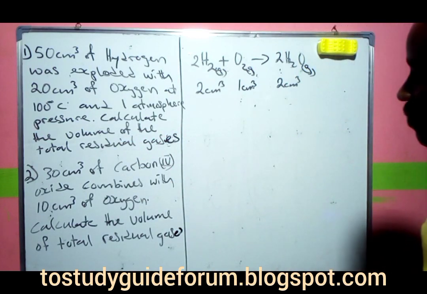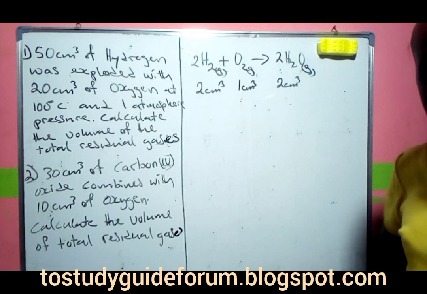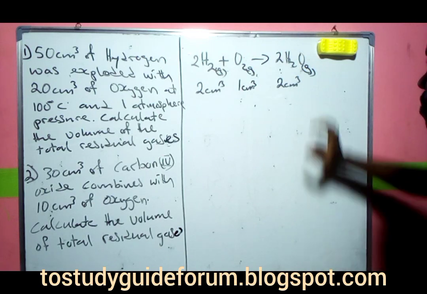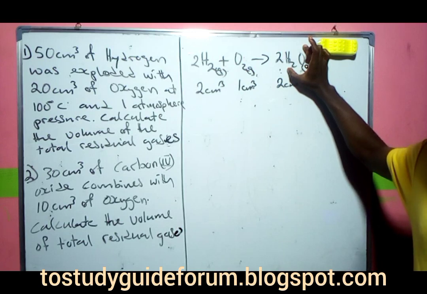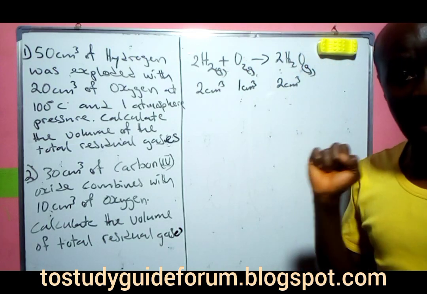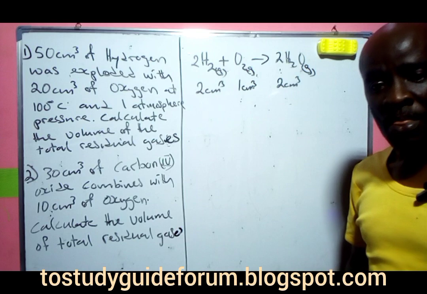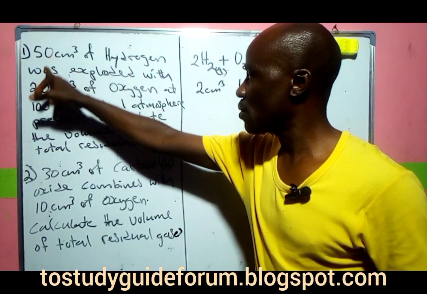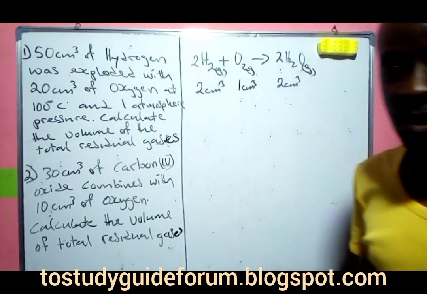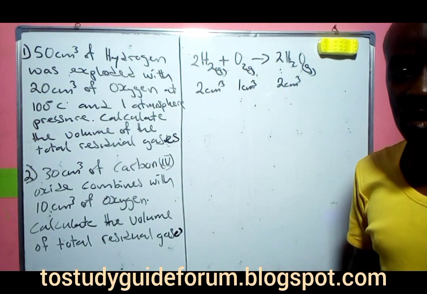Before we do this, we need to find out the possible residual gases. We are going to see one of the gases, that is the steam, which is one of the gases that we are going to have there. Now, there are other gases that we're likely to find, because if you look at this, we have 50 cm cube, we have 20 cm cube. That means one of them should be a limiting reagent.